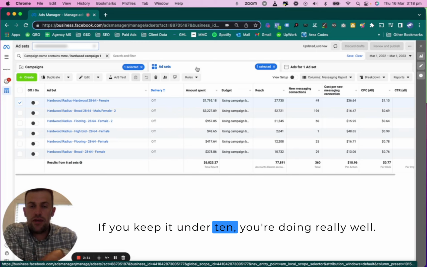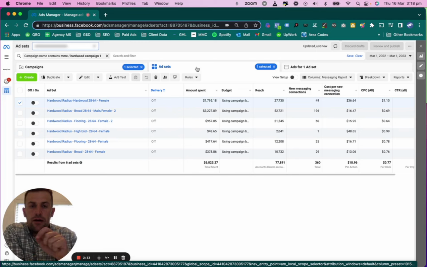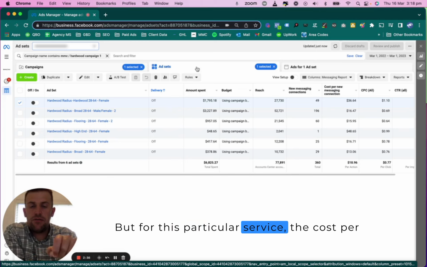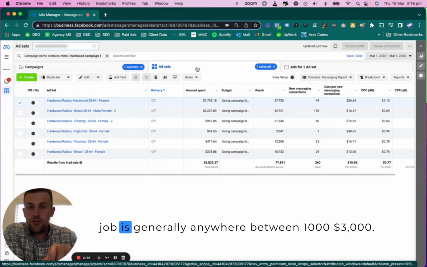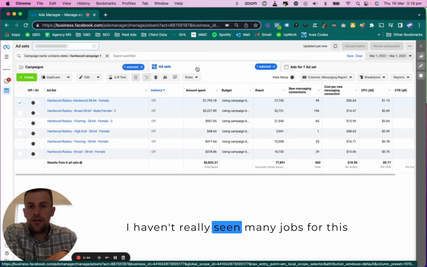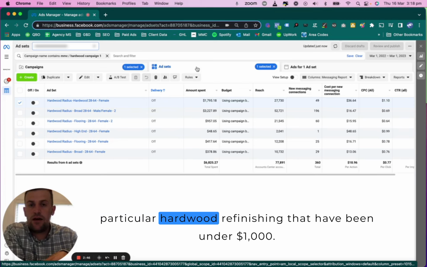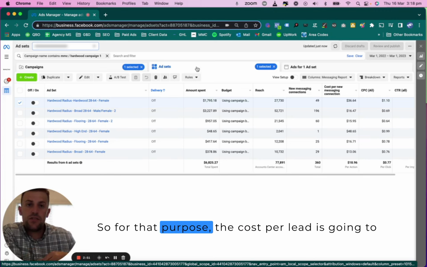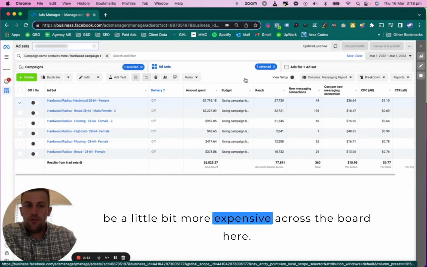If you can keep it under 10, you're doing really well. But for this particular service, the cost per job is generally anywhere between $1,000 to $3,000. I haven't really seen many jobs for this particular hardwood refinishing that have been under $1,000. So for that purpose, the cost per lead is going to be a little bit more expensive.